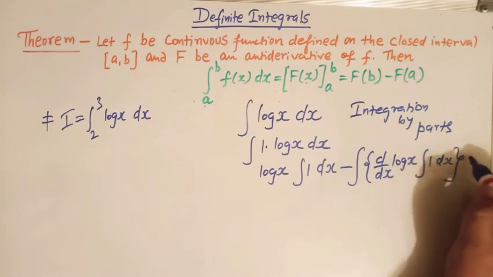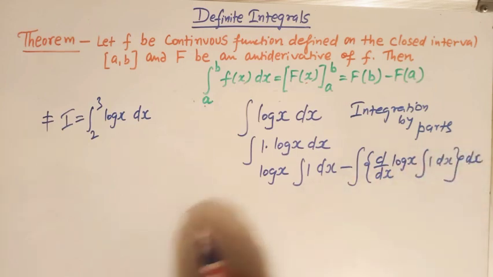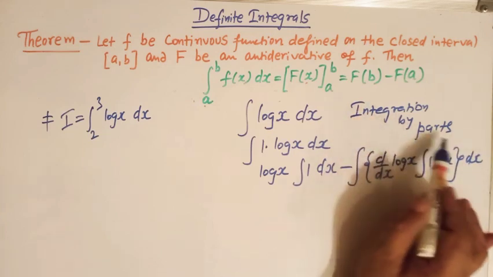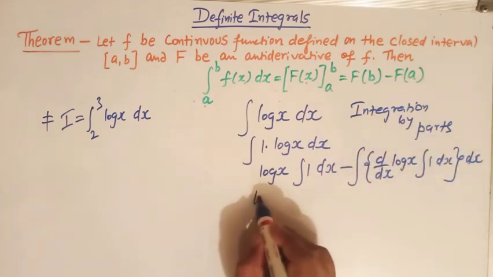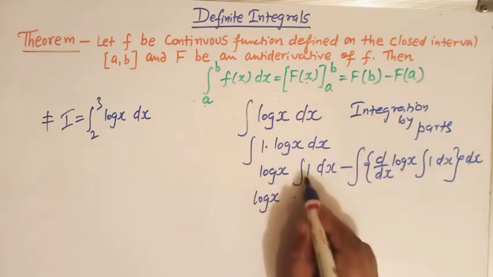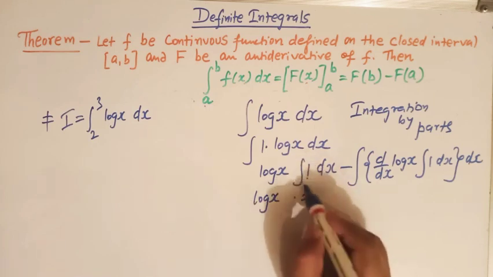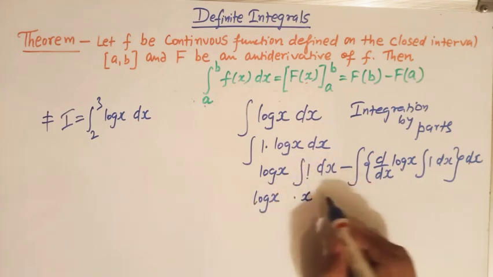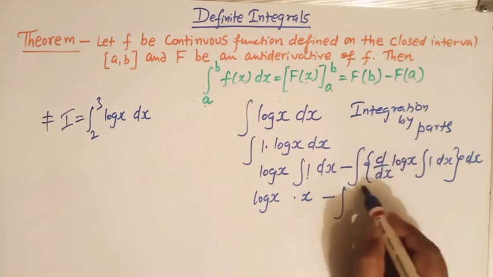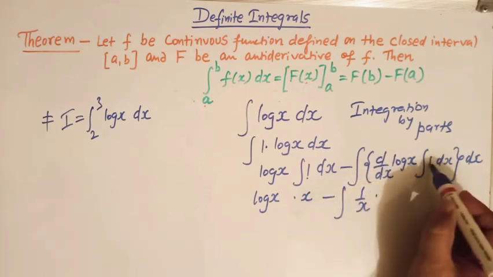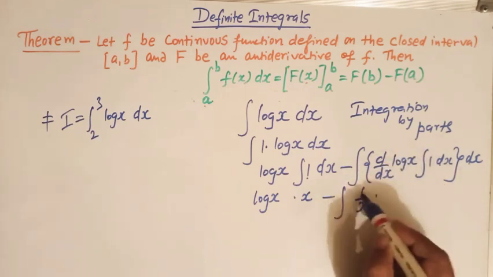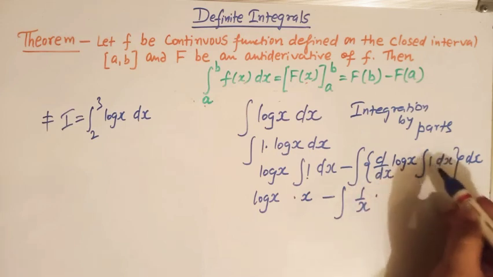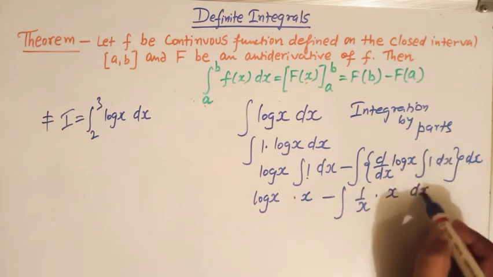So here we have made use of the concept of integration by parts. So this is log x, and here we have x. The integral of 1 is x, and the derivative of log x is 1 over x, and the integral of 1 is x, and here we have dx.